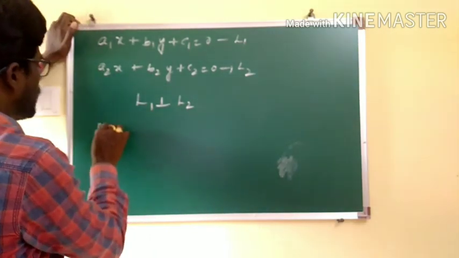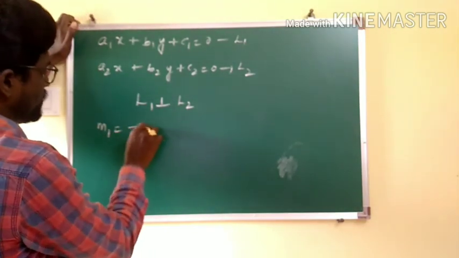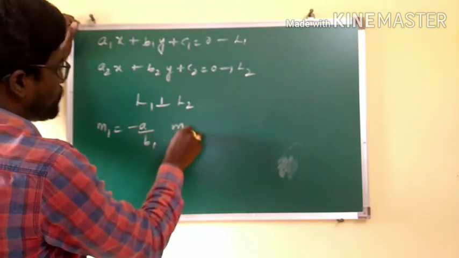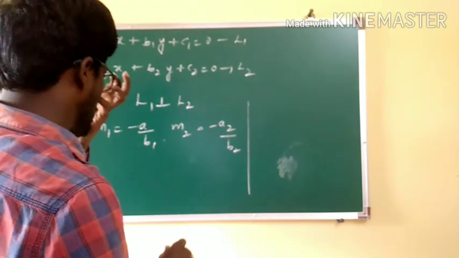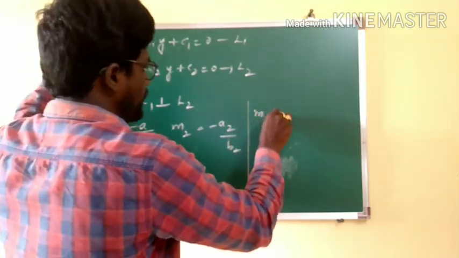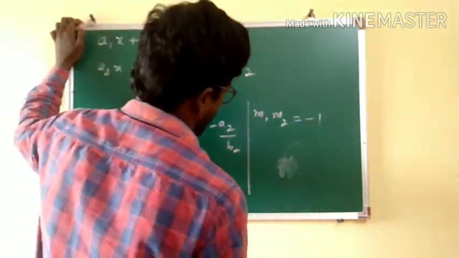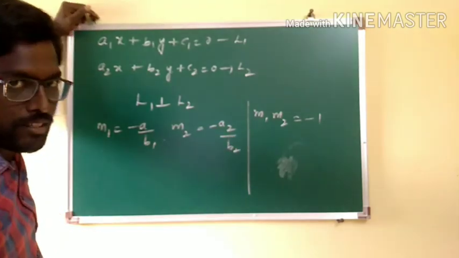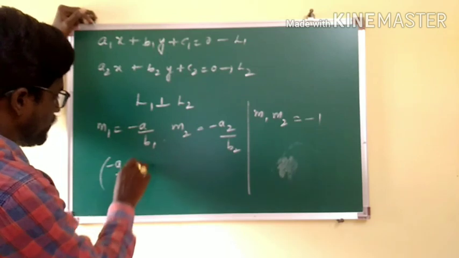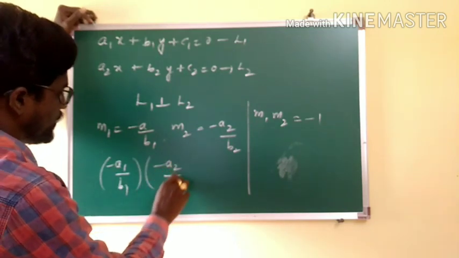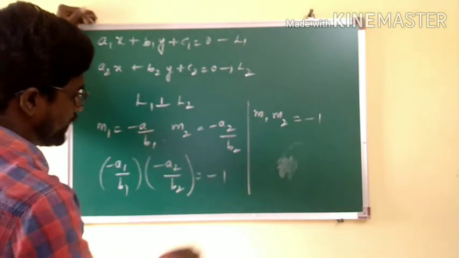So what is slope 1? As I said here, minus a1 by b1, and slope 2 is equal to minus a2 by b2. If the lines are perpendicular, then the required condition is m1 into m2 equal to minus 1. As m1 into m2 equals minus 1, I am going to write minus a1 by b1 into minus a2 by b2 is equal to minus 1.